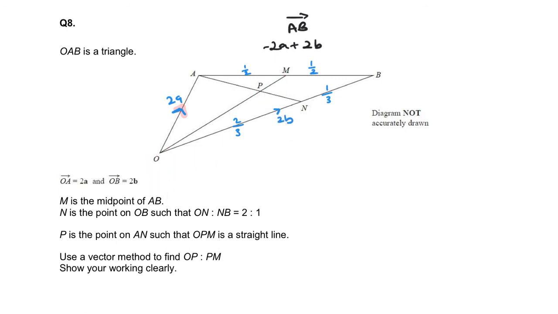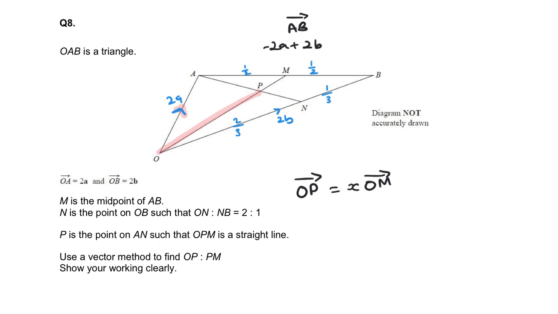O to P is X lots of O to M, because we multiplied, so remember, it's only part of it. So we should be happy at this stage. So we definitely know to get from O to P is X lots of O to M.